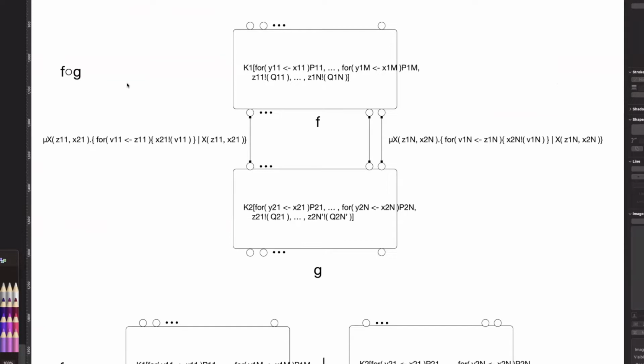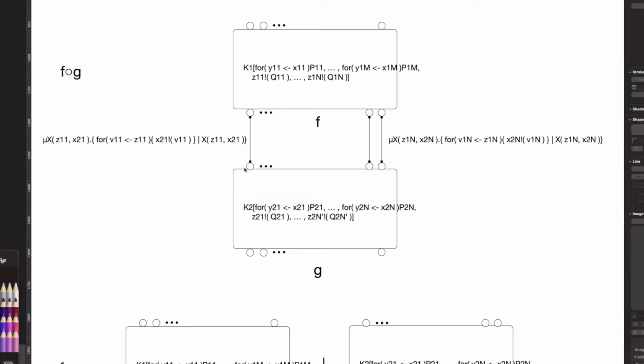Okay. All right. So imagine that we've got an F and a G, and the arity of the outputs matches the arity of the inputs in terms of F and G. So F's outputs, if there are N of them, then there are N inputs for G. And we know how to do a wire in rho-calculus, right? Whatever's coming out here needs to be forwarded to here.